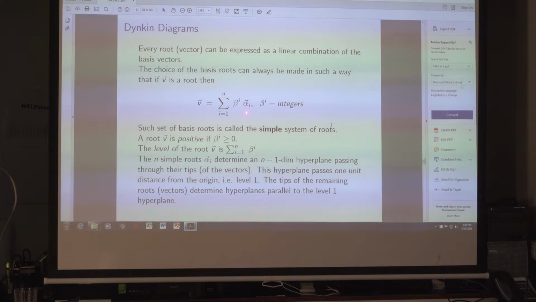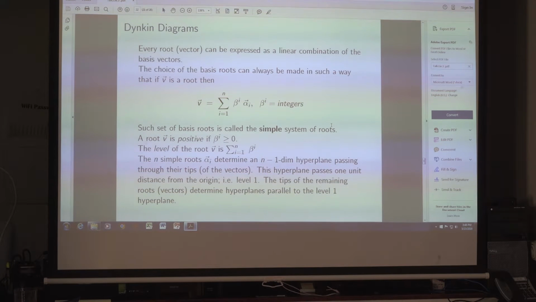Your simple roots are like the building blocks: by performing linear combinations of your simple roots, you generate the other roots V. On this diagram on the board, you had beta and alpha. Now it's like alpha 1 and alpha 2. Yes, correct.